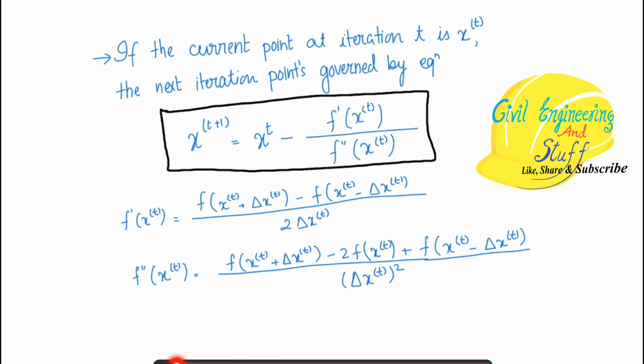The formula for the first derivative is f of xt plus delta xt, and so on. Delta is the smaller value, or the smaller steps in which you want to proceed in each iteration.